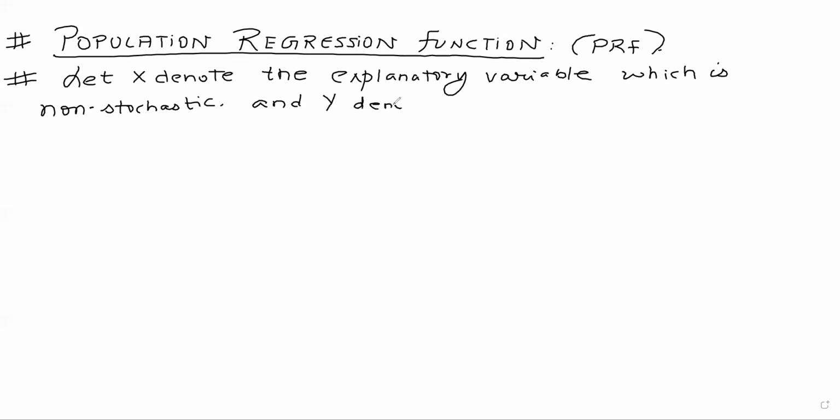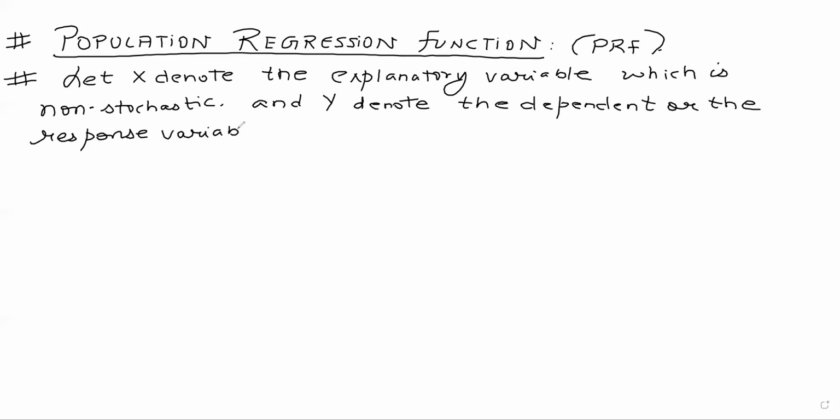So let X denote the explanatory variable which is non-stochastic, and Y denote the dependent or the response variable which is stochastic. Now guys, what does this mean?